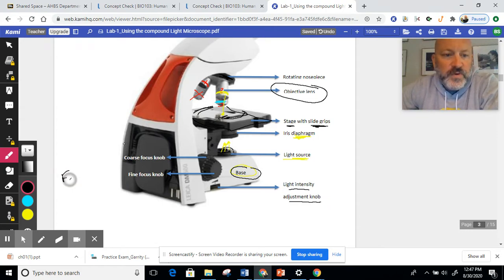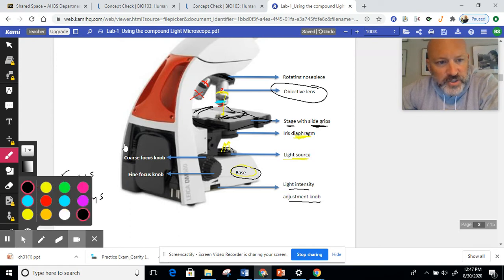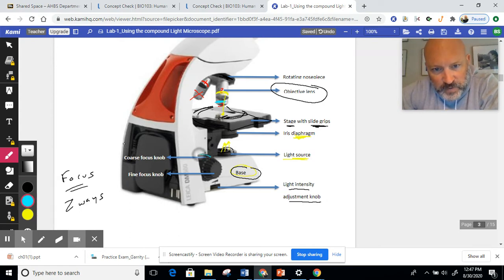There's two ways to focus the microscope. The first way would be to use this larger dial that's on the outside. Right, this one out here. This is called the coarse focus knob.